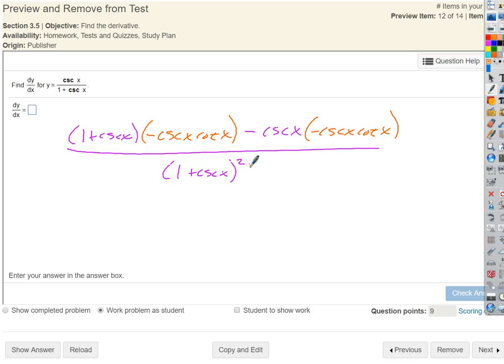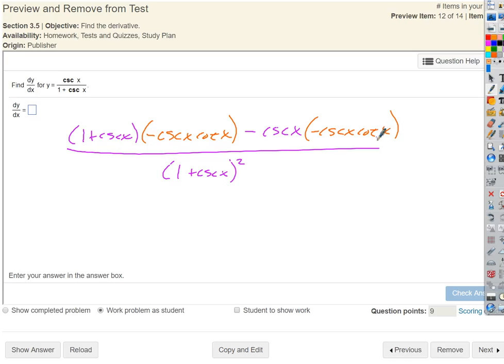If I distribute this negative cosecant cotangent over here, would you agree that when I multiply by cosecant, I'm going to get a negative cosecant squared cotangent? What about here when I multiply through? Don't I get a positive cosecant squared cotangent? Right? So there's going to be a lot of cancellation.